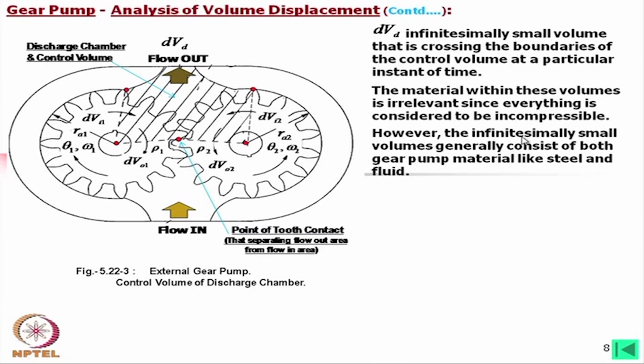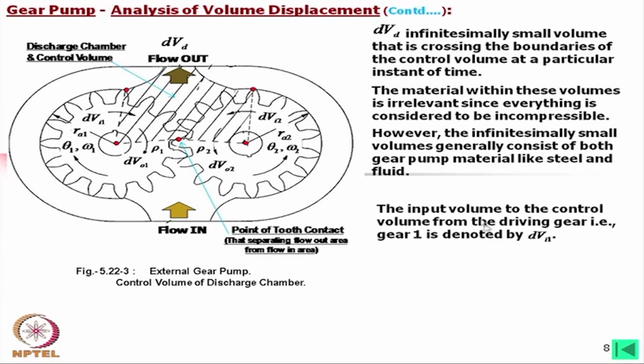However, the infinitely small volumes generally consist of both gear pump material like steel and fluid. In this case, we have considered steel, it might be something else also. But one is the solid material, and another is the fluid material.